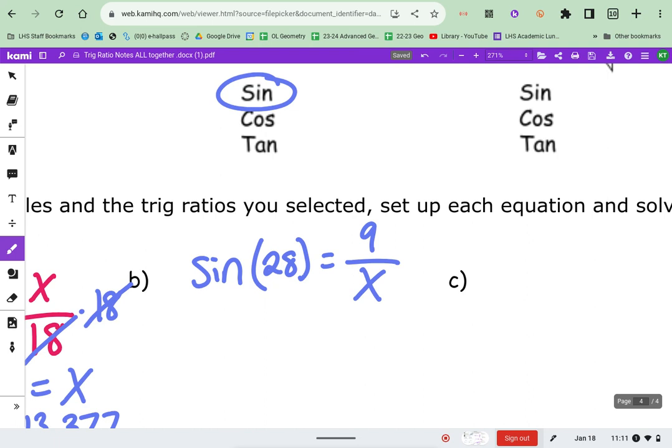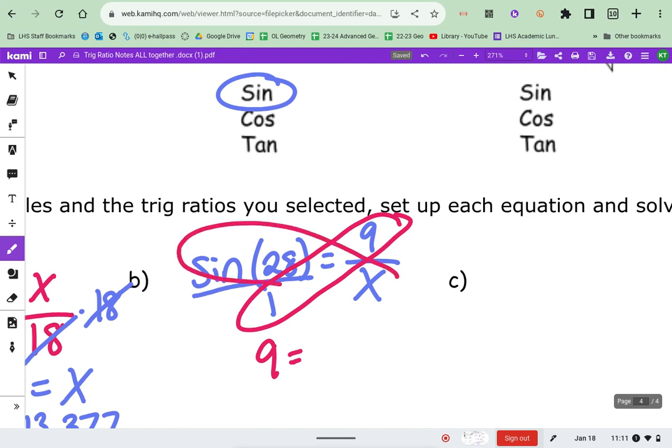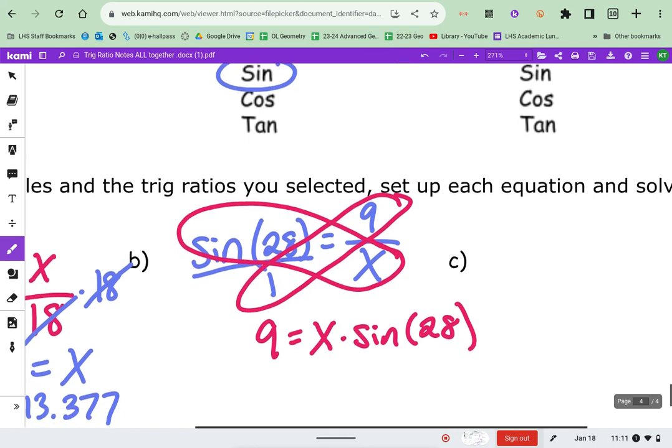Okay, so now we're solving for x. It's a little bit trickier this time because the x is in the denominator. I like to think of this as sine of 28 over 1, because then I can just cross multiply. So if I cross multiply, 9 times 1 is 9. And then x times sine of 28 is just x times sine of 28. And then our last step to get x by itself is just to divide by sine of 28 on both sides.